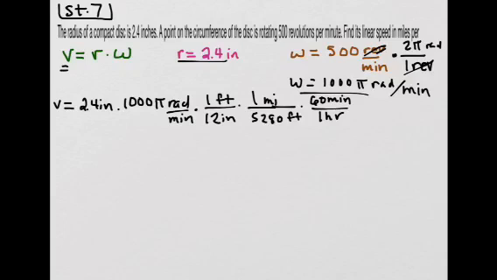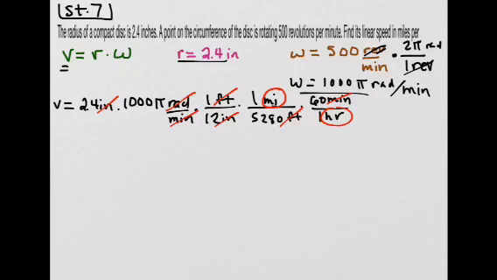Okay, and when you go through, inches and inches cancel out, minute and minute cancel out, feet and feet cancel out, and radian, again, it's a unitless number. So what you have left is miles per hour, which is exactly what you need.